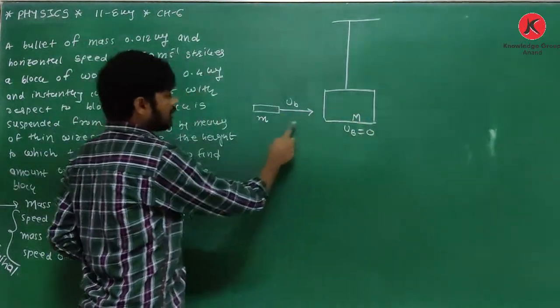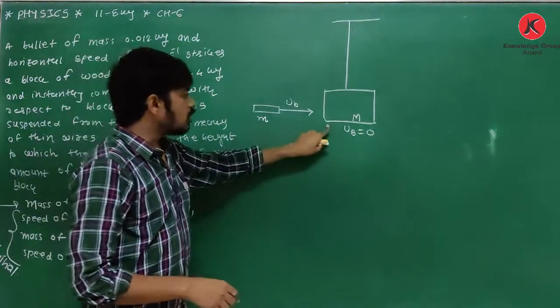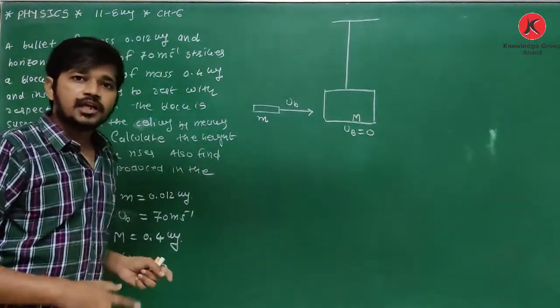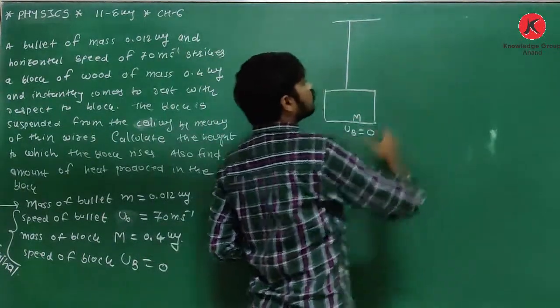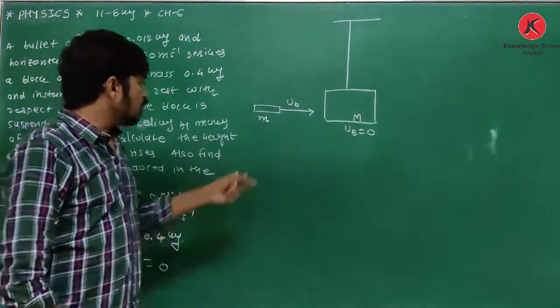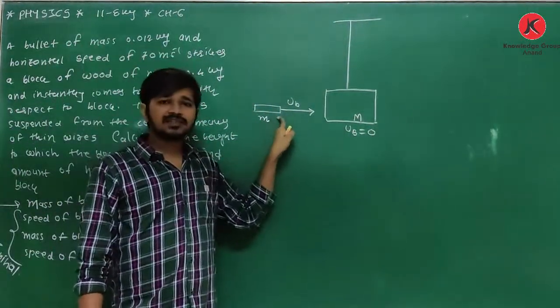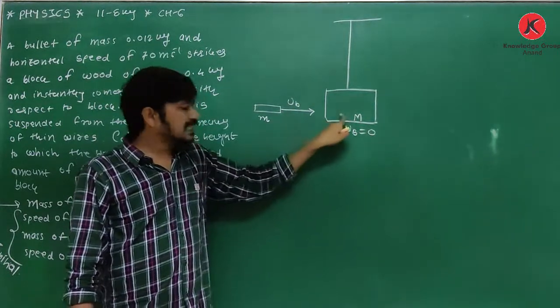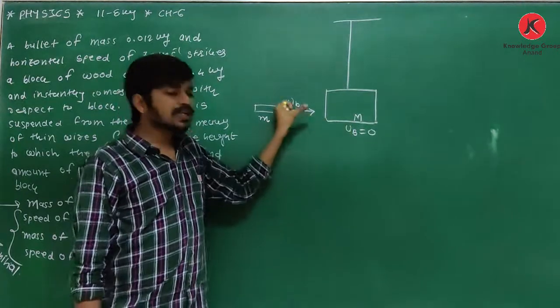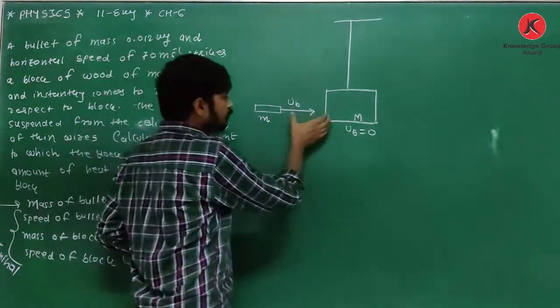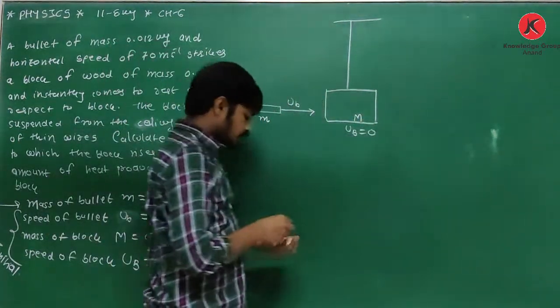Why will they move? Because this bullet has some initial kinetic energy when it strikes the block, so due to that kinetic energy, the block and bullet will move upward.